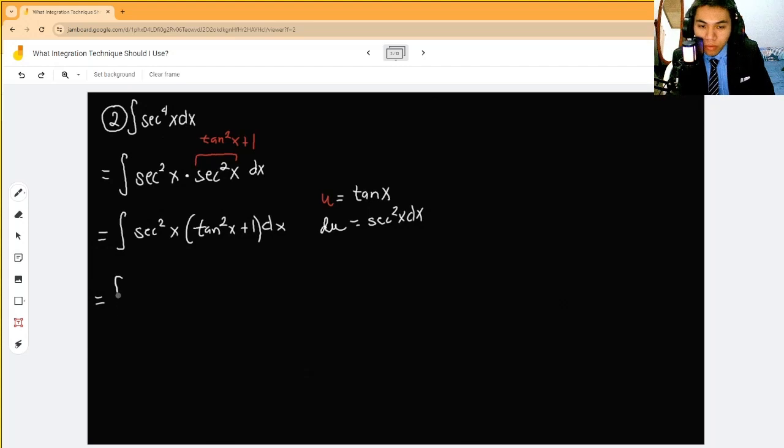Okay, so we have the integral of tangent squared x, which is the same as u squared plus 1 du. The integral of u squared in the u world is 1/3 of u, which is tangent x, and then we add another power here, so that becomes tangent to the 3rd power x, plus the integral of 1 in the u world is u, and u is tangent x, and we put a plus c.